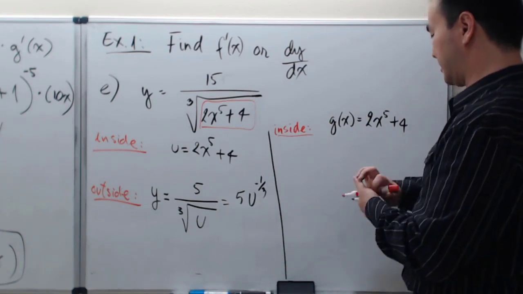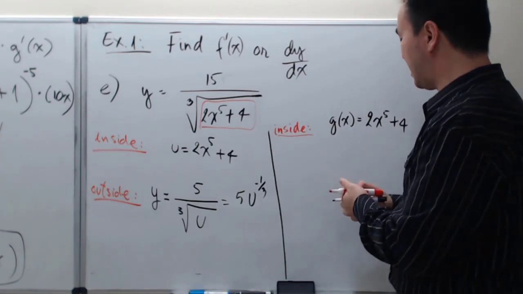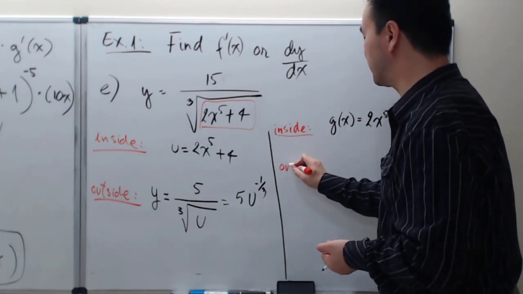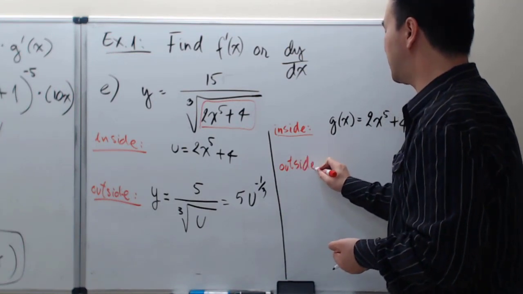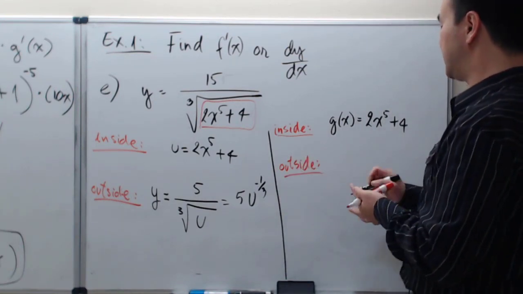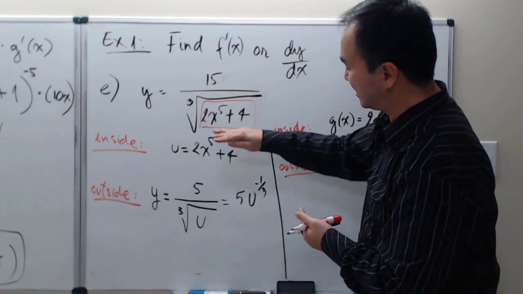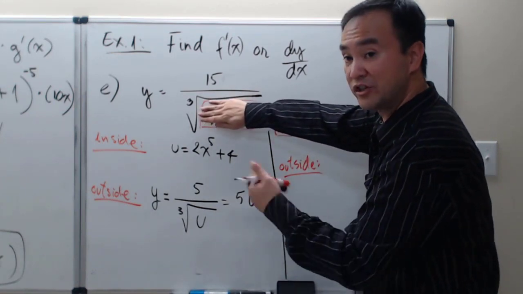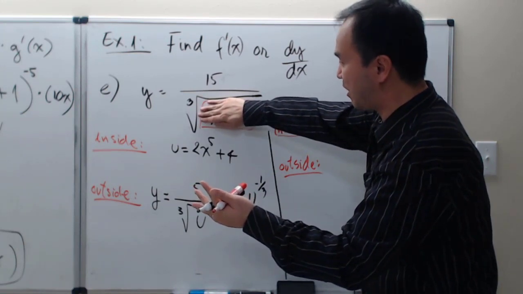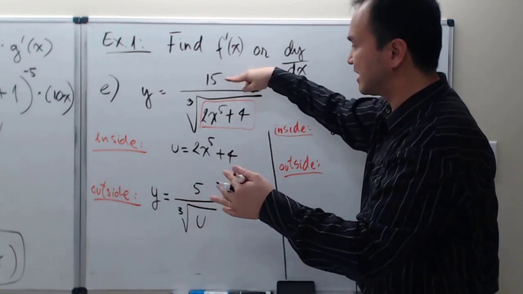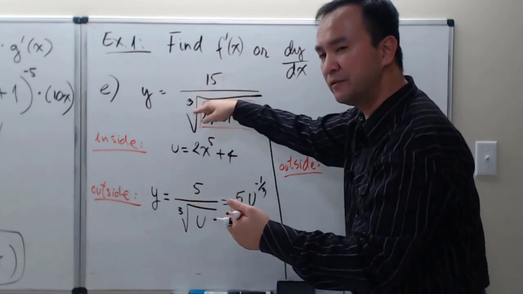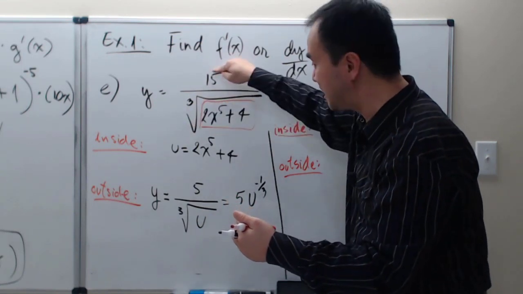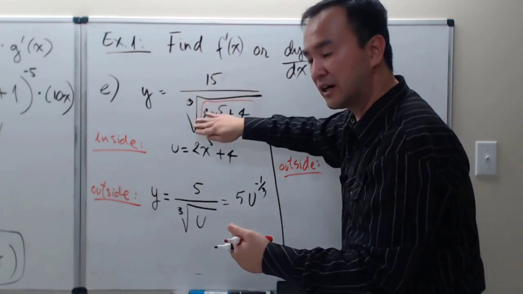And for the outside function, once we have chosen the inside, then the outside can be seen as follows. Let me hide away all that, because all that is now g of x. Then this entire function looks as follows: 15 over cube root of something.